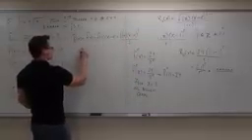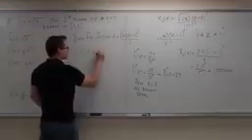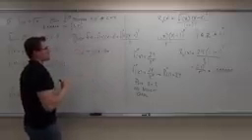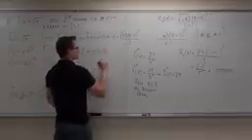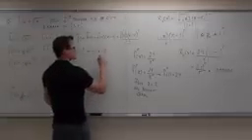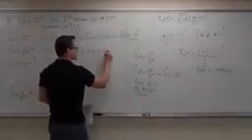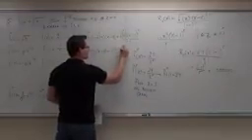F of 4, okay, that was 2. Plus f prime of 4, that was 1/4 x minus 4. Plus, if we wanted, the second derivative, oh my gosh, it's going to be a minus. Minus 1/32. So what's that going to give us all said and done? Minus 1/64 times x minus 4 squared.